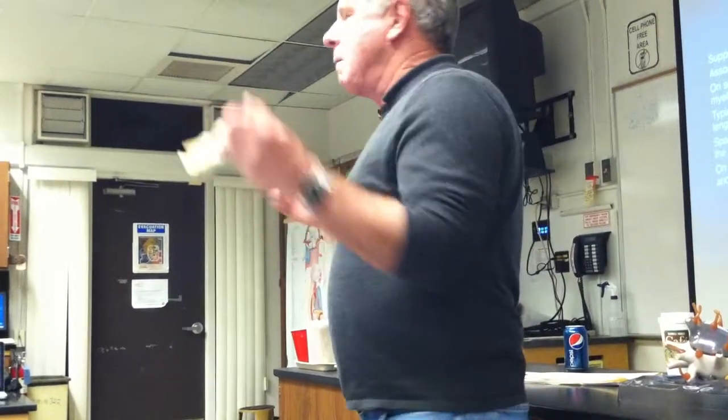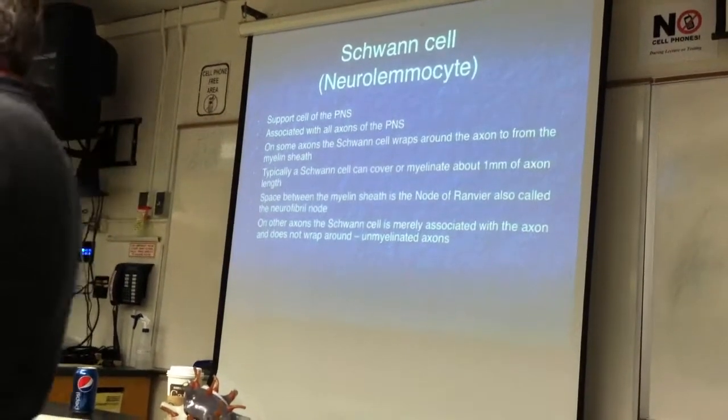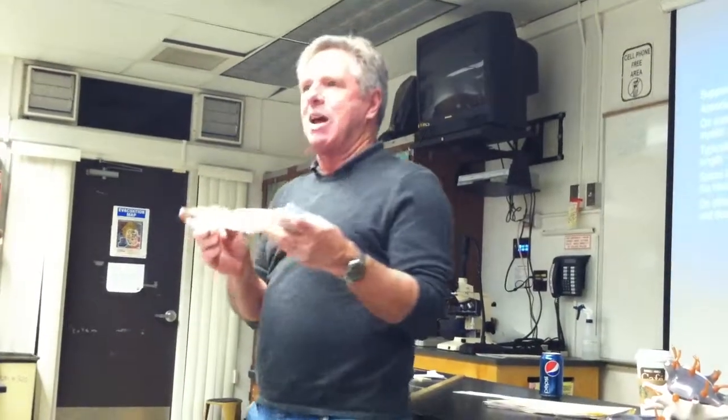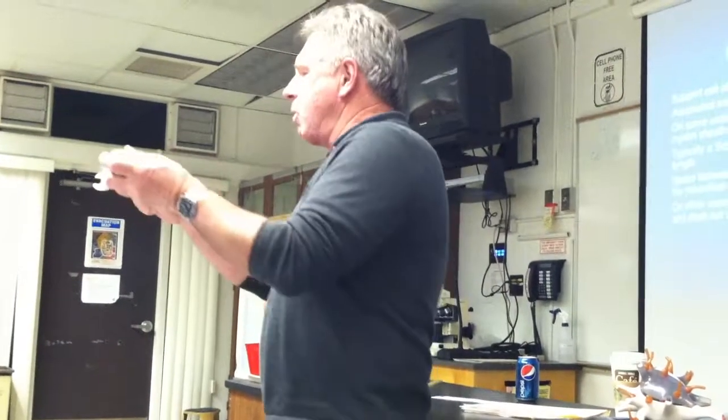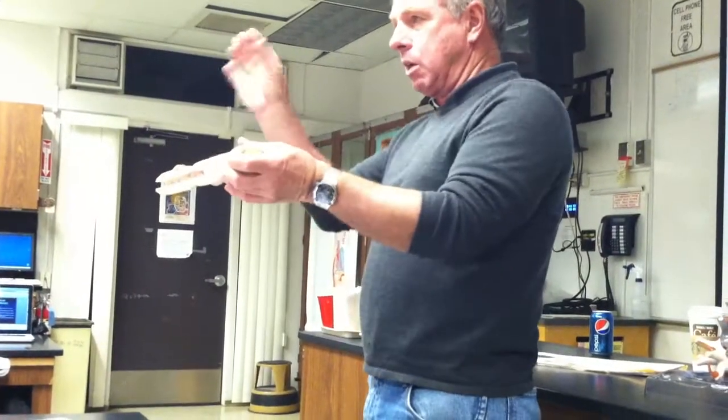Anyway, but see, it says here, a myelin sheath, typically a Schwann cell, can cover or myelinate about 1 millimeter of axon. All right, well, let's say that this axon is 100 millimeters long. I'm just making this up now, which means if one of these cells only does a little bit, then you got to have multiple ones, all lined up next to one another.